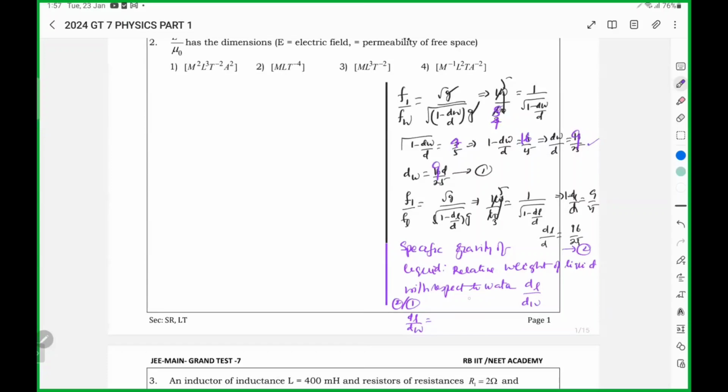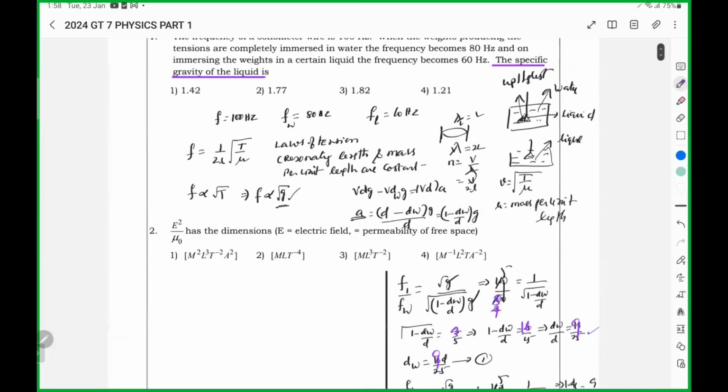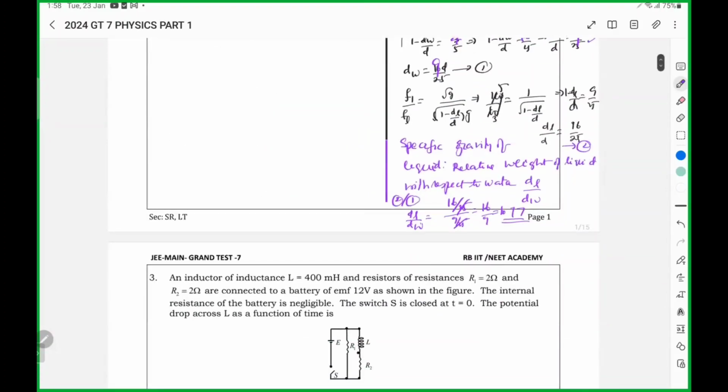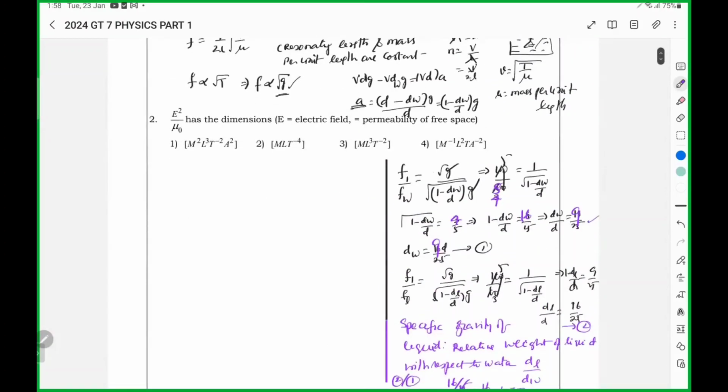So the density of liquid by the density of water is roughly 7. So the option is the second one.